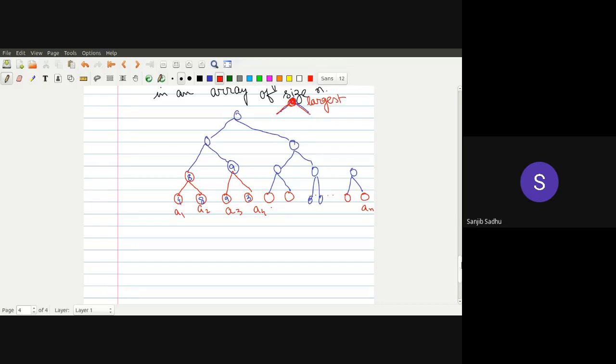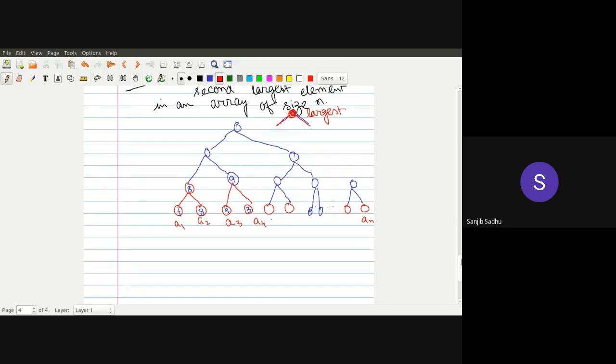Now my question is, I have to find out the second largest. Can anyone tell how I can find it? One trick is there. How can I find out the second largest? My drawing is not okay, I am just redrawing it again.